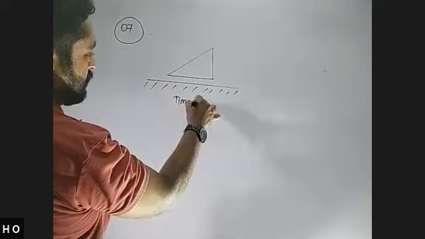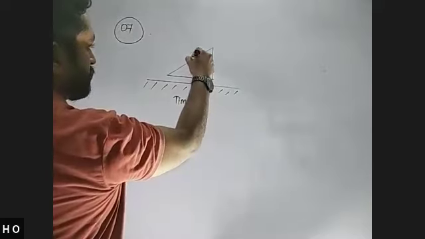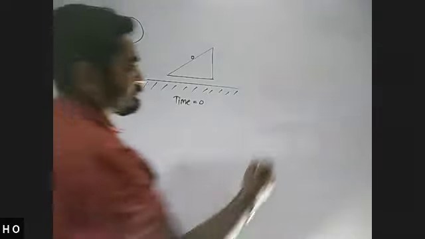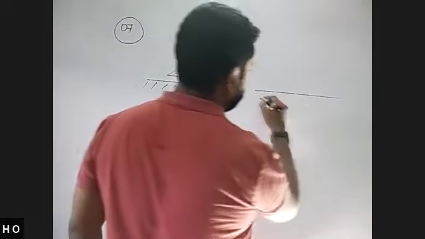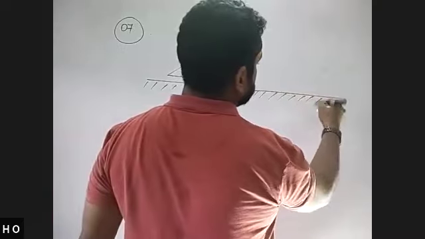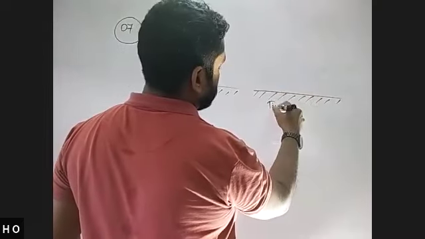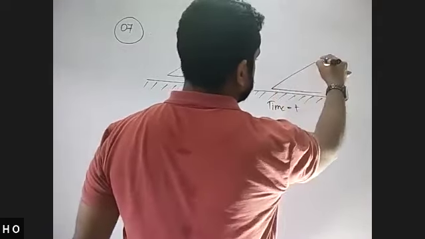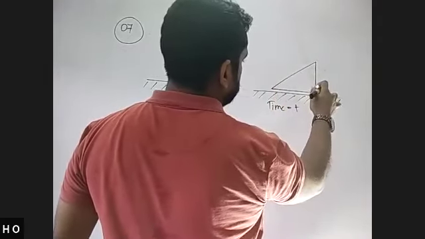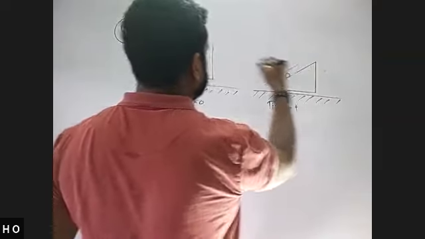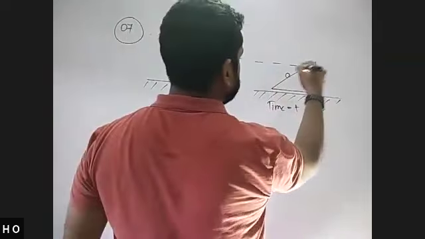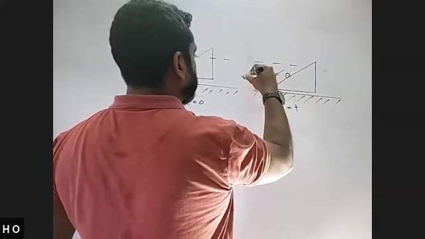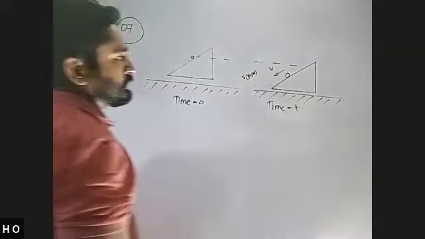Time equals 0, no velocity. You just gently place that. After a general time, let us say time equals t, it has got a velocity v as they say. That is the velocity of the particle relative to the wedge.